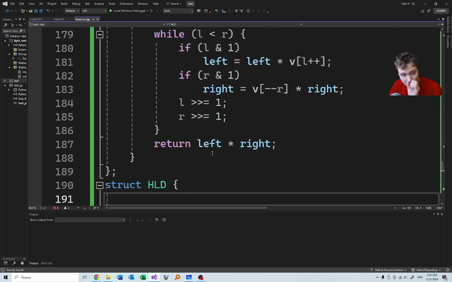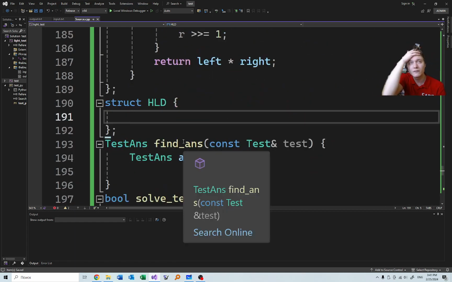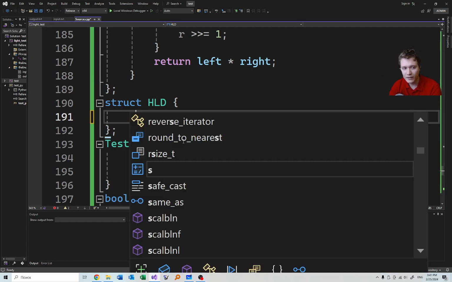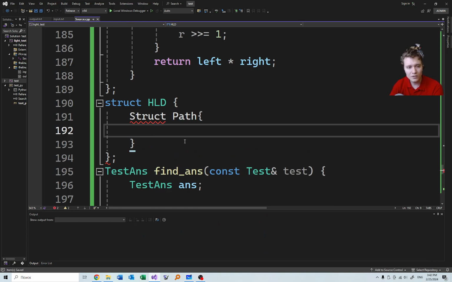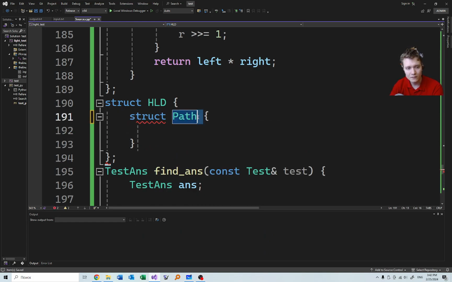Okay, I know what we need. First of all, let's make a struct path, I think. So what do we need for a path?